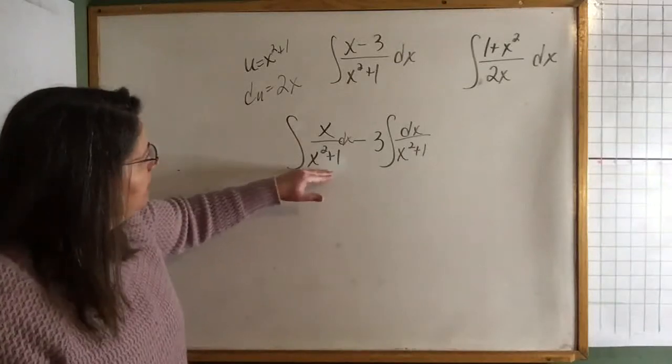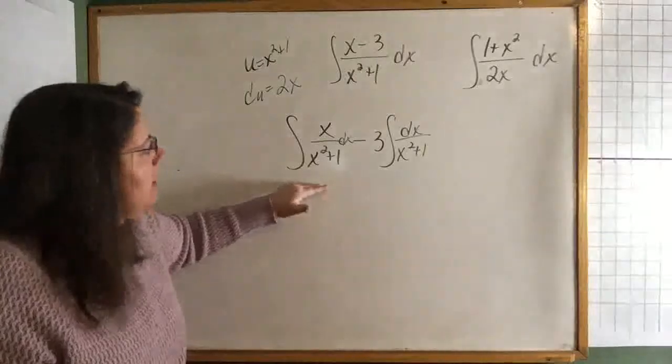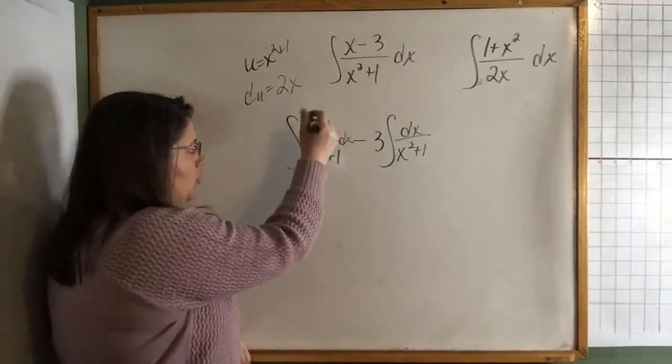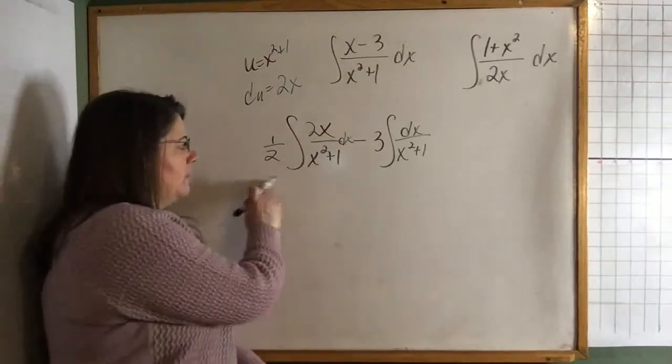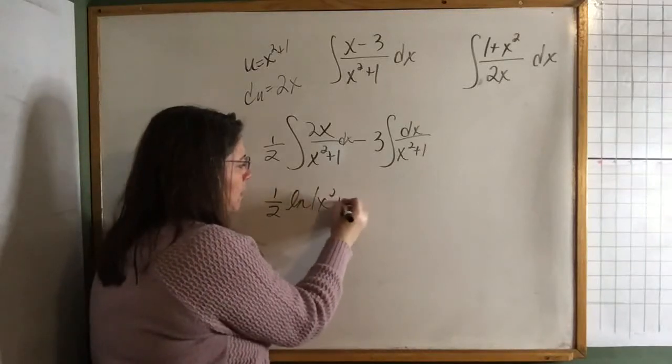Now, if this is my u part, I do have a natural log situation. The only thing I need here is the du needs a 2 in front, which would leave me with a 1/2 out here. And then for this part, I would have 1/2 the natural log of the absolute value of x squared plus 1.